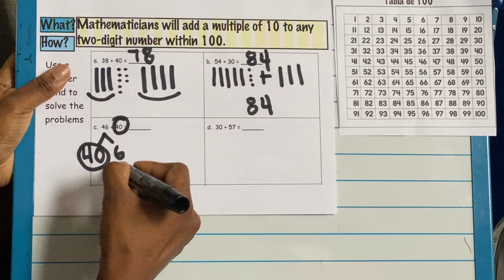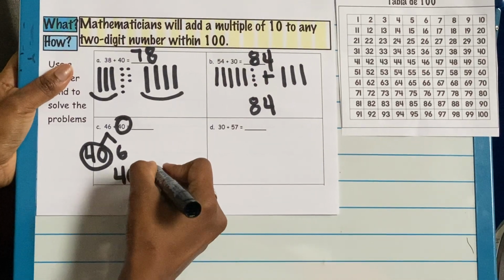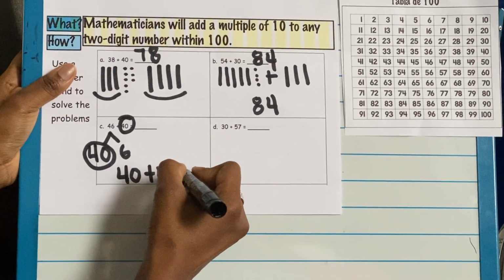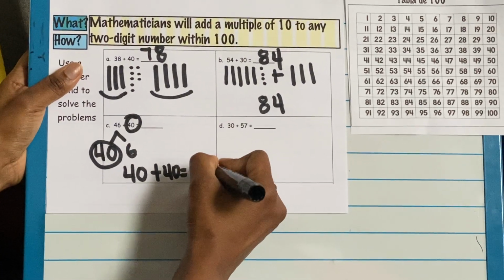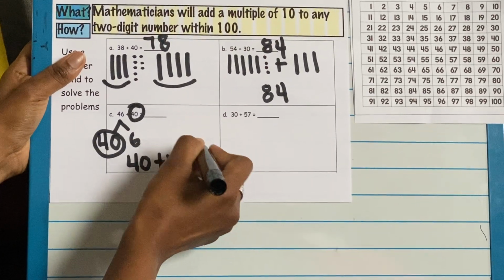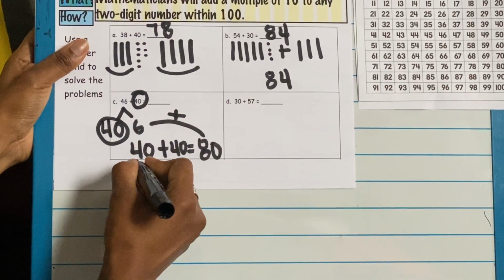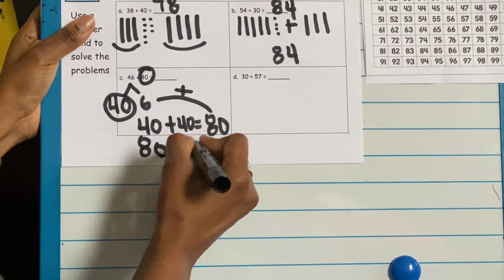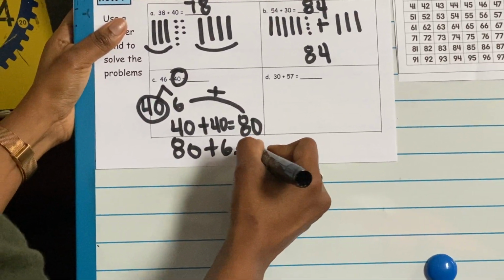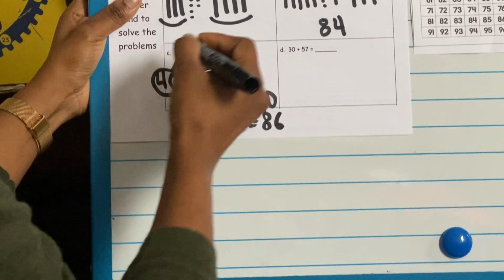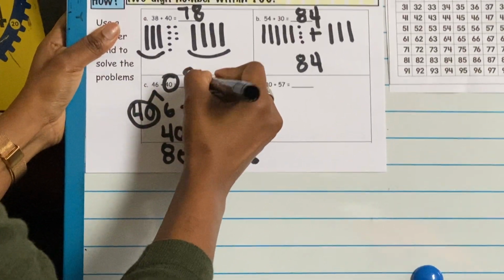So 40 plus 40 equals 80. And don't forget, you've got to add these 2 numbers. 80 plus 6 gives us 86. So that was the number bond method.